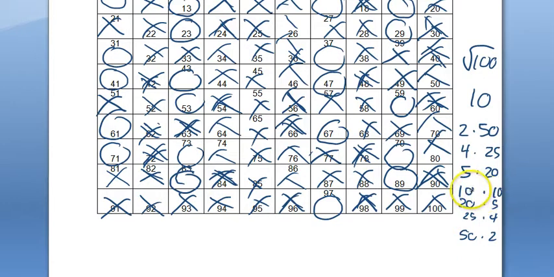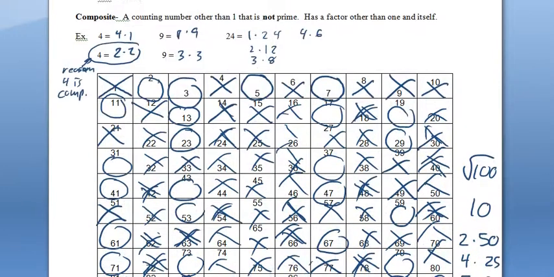But on one side, it's going to be less than 10. On the other side, it will be greater than 10, in both directions. See, if we just keep flipping, it's 2 times 50, 4 times 25, 5 times 20. This is for 100. If you want to test and see if 100 is a prime number, you would have all of these factors, so we know it's composite. But in order to determine it, you would just have to check the primes that are less than 10, which is 2, 3, 5, and 7.